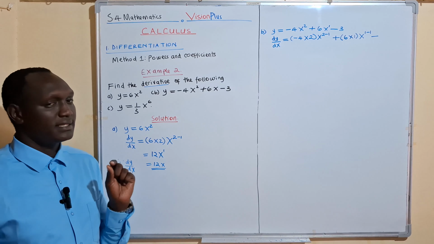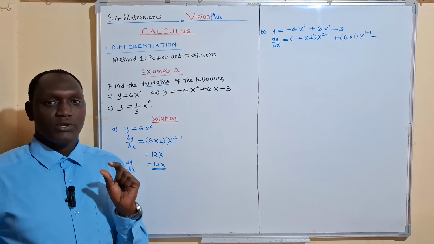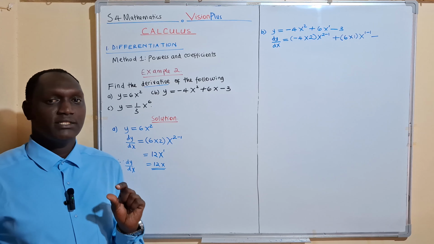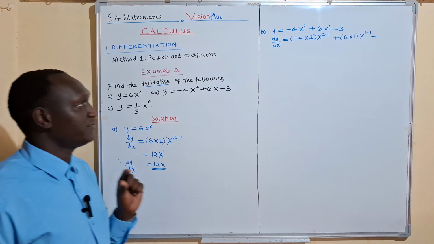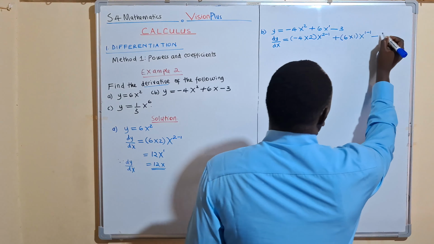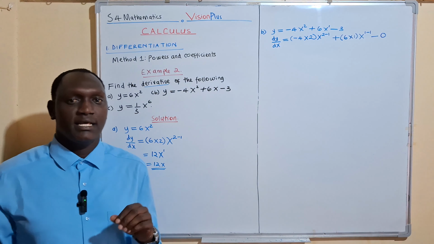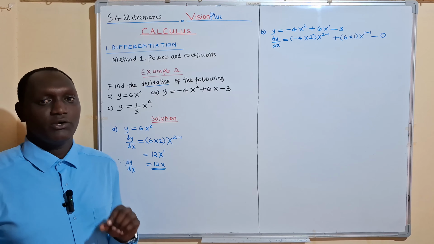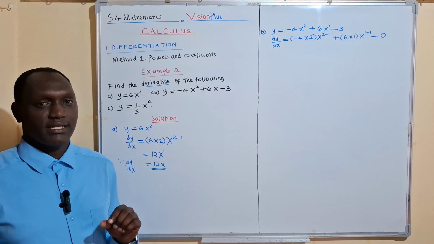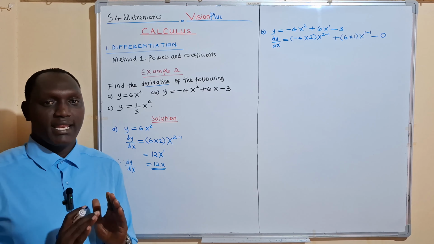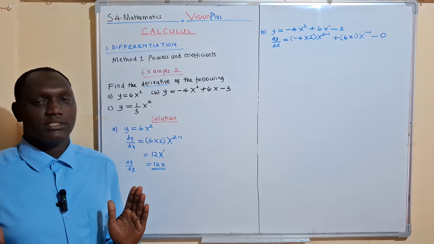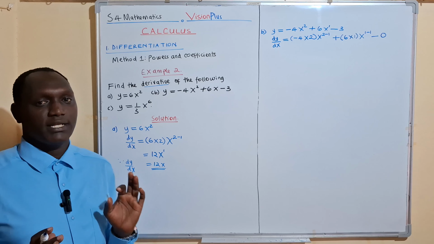So since 3 is a constant, we know that when we differentiate a constant, we get 0. So when we differentiate 3, here we shall have 0. It doesn't matter the quantity of a constant. Even if it is 10 million, as long as it is a constant without x or y or any other variable attached to it, when we differentiate it, we get 0.